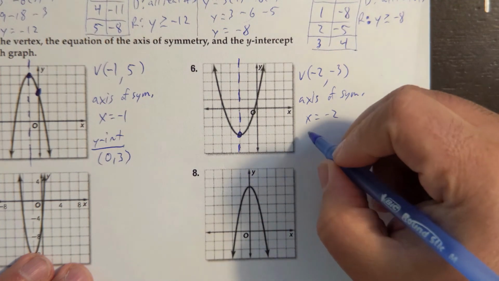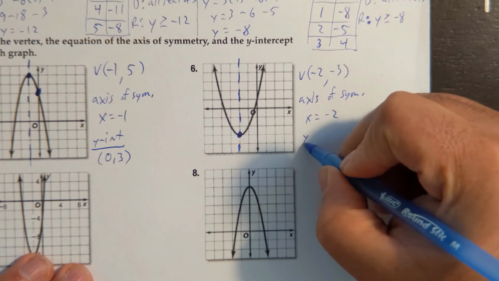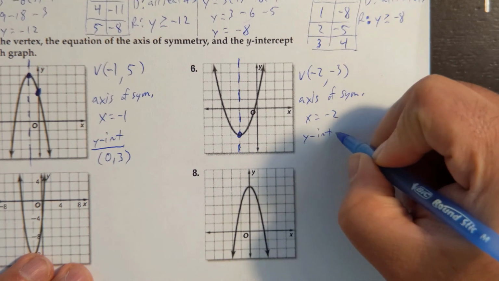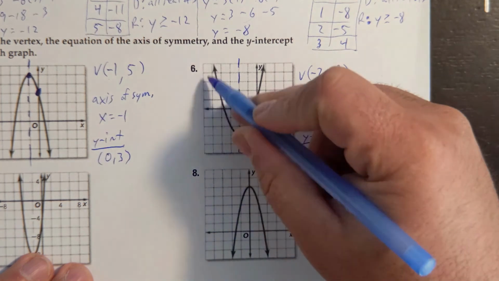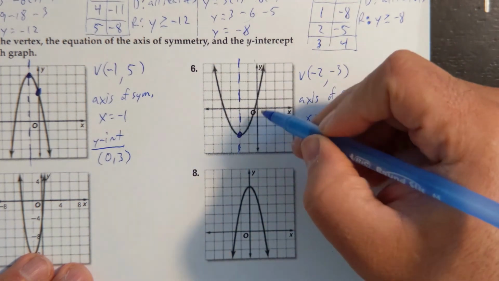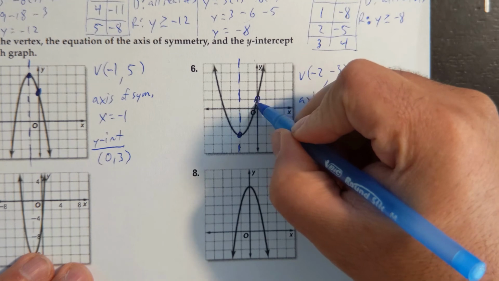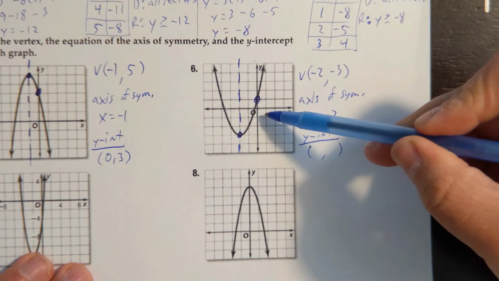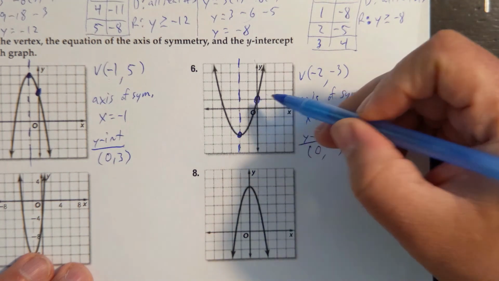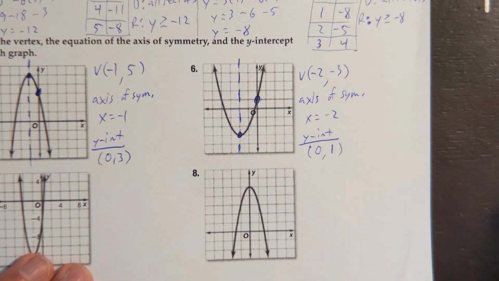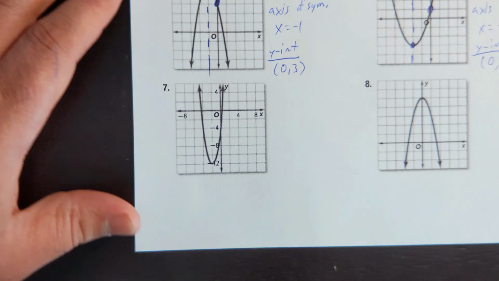And then for the y-intercept, that coordinate where this is crossing the y-axis looks like it's right here. So at that point, x isn't left or right, so the x is 0, and the y value goes up 1, +1.